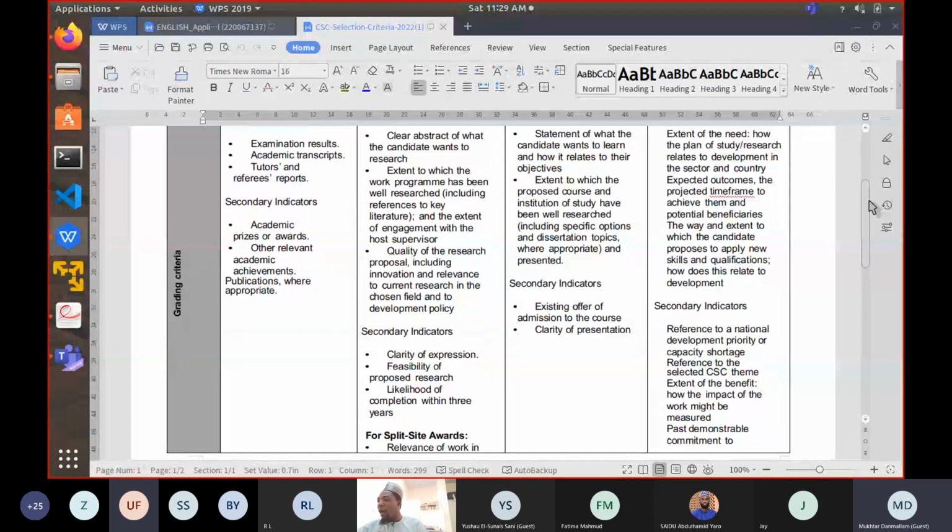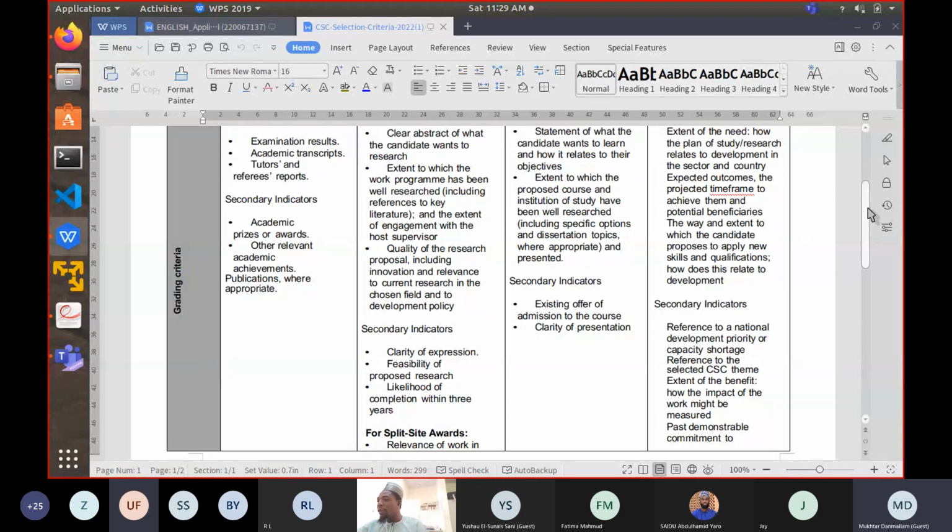Added to this is reference to a national developmental priority, like what your country is actually suffering from. Are you trying to solve something that is really affecting your community, that requires immediate attention?